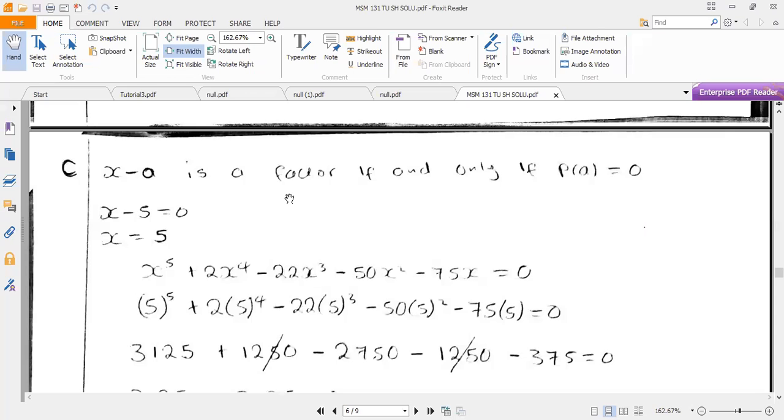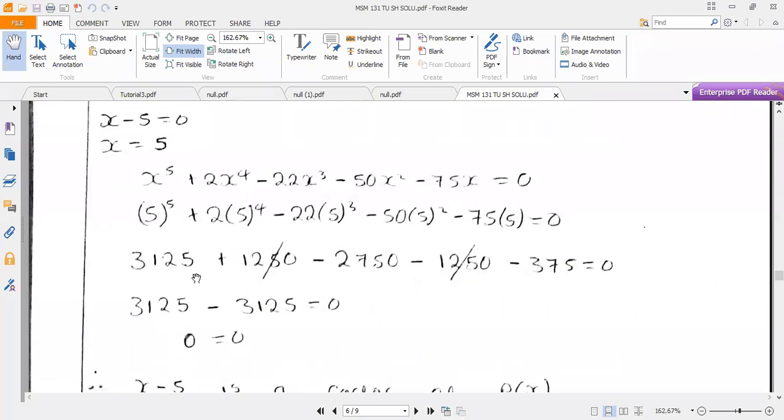Oh, I skipped B. So we go to C, which is easy as well. So x minus 5 is equal to 0, so x is equal to 5. So in that equation, wherever there is x, you put 5. Then you start expanding. So you have 5 to the 5, 3,125. 5 to the 4 times 2 is 1,250.